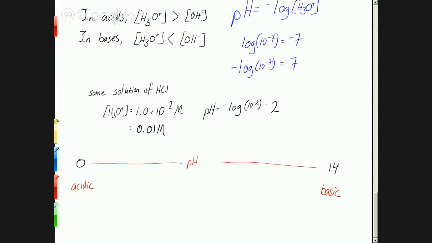So your book has some various examples of things that fall along this scale. Water is right in the middle at 7. So pure water has a pH of 7. Tap water, or drinking water, is a little bit above 7. Things that are really basic, like ammonia or bleach, cleaning materials, are up here. Things like lemon juice, vinegar, stomach acid.